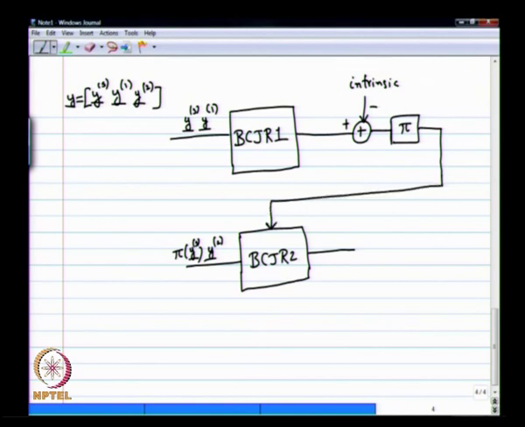This is basically extrinsic information, so I'll call it LE1, the extrinsic LLR from BCJR1. BCJR2 should now be able to use the extrinsic LLR. I haven't told you how the BCJR algorithm uses extrinsic LLR; we'll see that soon enough. It's not too difficult, but let's suppose that we can use the extrinsic information.